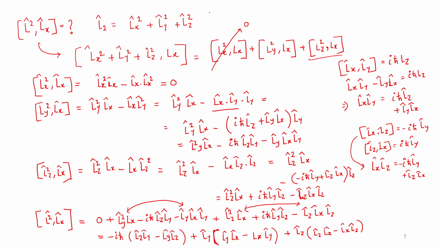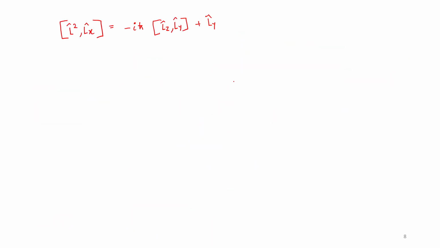Then next, which we have common Ly, take common at the left hand side, we will get Ly Lx minus Lx Ly, right here. So it is Ly comma Lx. Here we got Ly comma Lx.